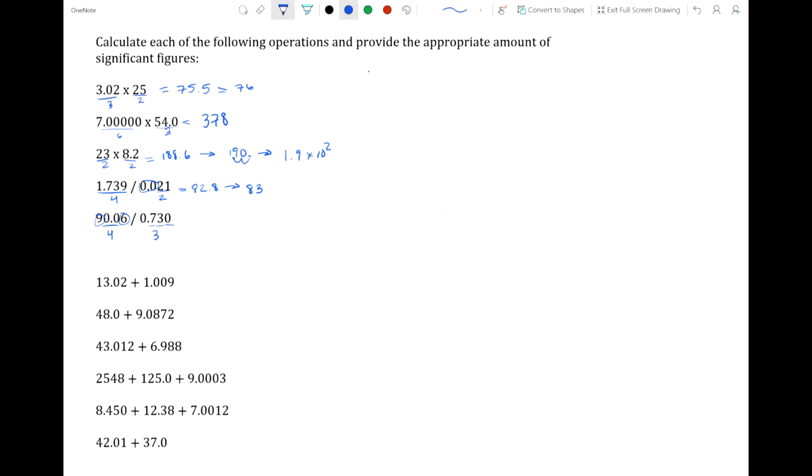Therefore, our answer should have 3 significant figures as well. If you were to plug in 90.06 divided by 0.73 into your calculator, the answer should be 123.36986. So it's about 123.4, and we have to get that into 3 significant figures. So what we're going to do is round that down to 123.